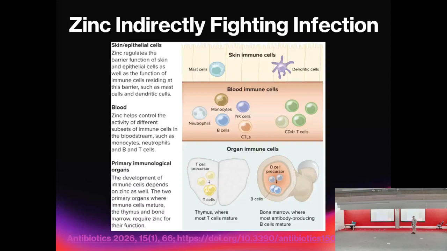You need your zinc to help you with several enzyme reactions as well. And it allows the development of T cells and B cells, which are white blood cells, from progenitor cells like stem cells. So if you've not got enough zinc, you can't develop your white blood cells as well.